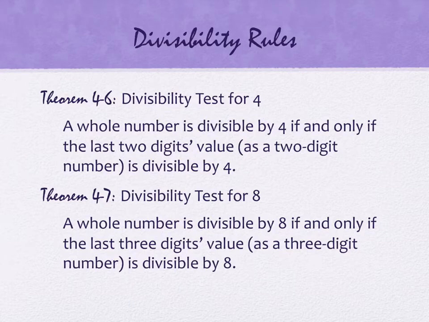So when we looked at the number 2, we looked at the last digit. When we look at the number 4, we look at the last 2 digits. And when we look at the number 8, we look at the last 3 digits. So the last 3 digits as a 3-digit number must be divisible by 8 in order for the entire value to be divisible by 8.